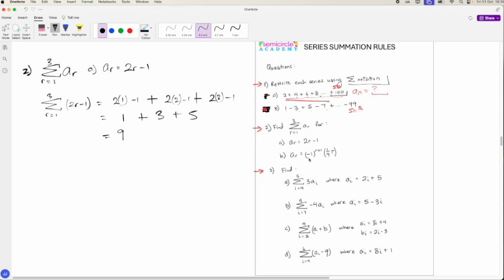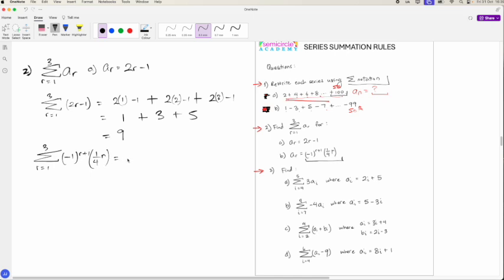And then we have to find for this ugly looking guy here, which is the summation from r is 1 to 3 of negative 1 to the r plus 1 times a quarter r, or we could say r on 4.